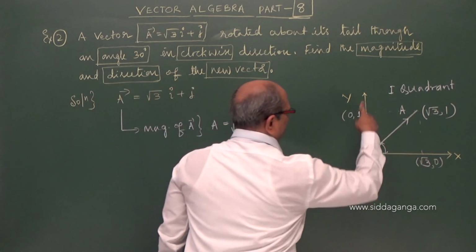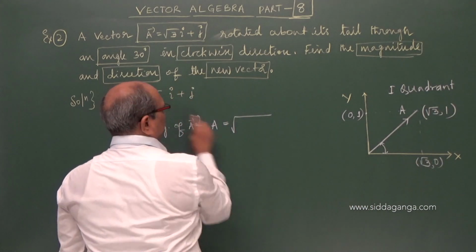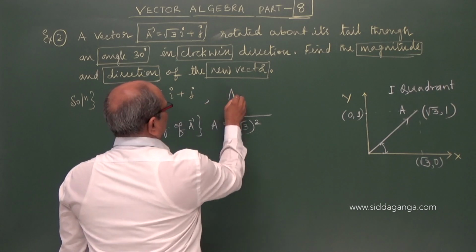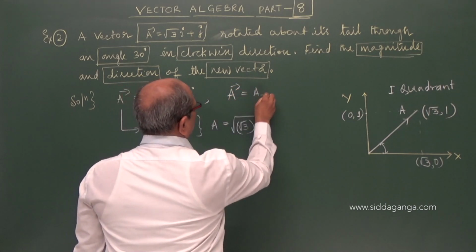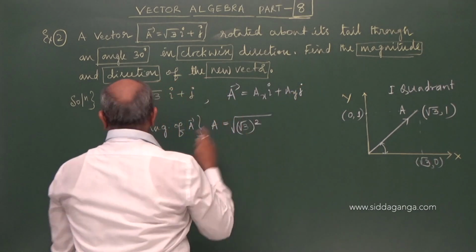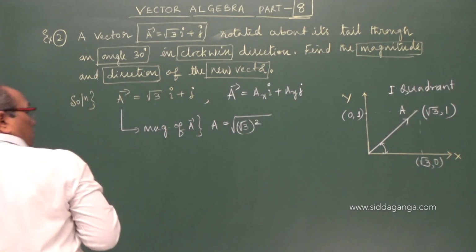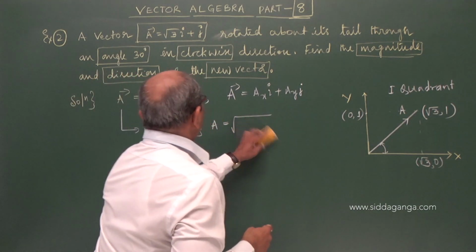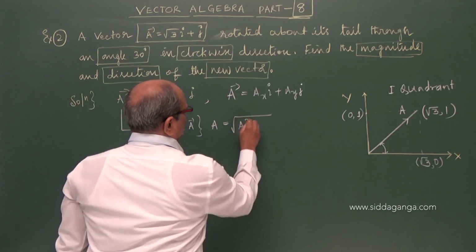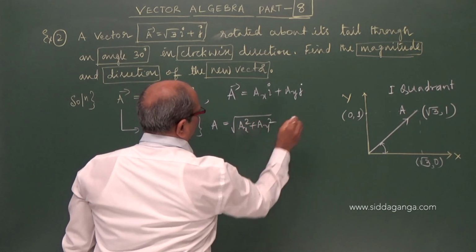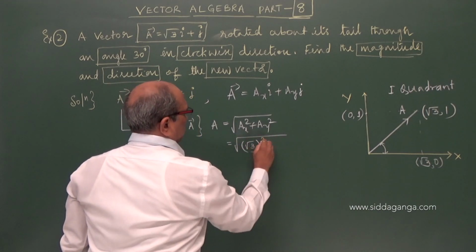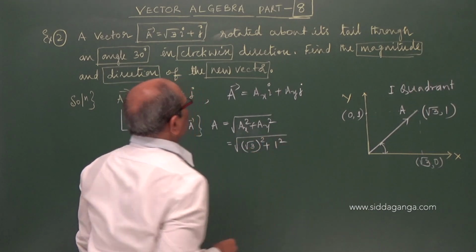Since the i and j components are perpendicular, vector A can be written as Ax i plus Ay j, and its magnitude is the square root of Ax square plus Ay square, which is the square root of root 3 square plus 1 square.